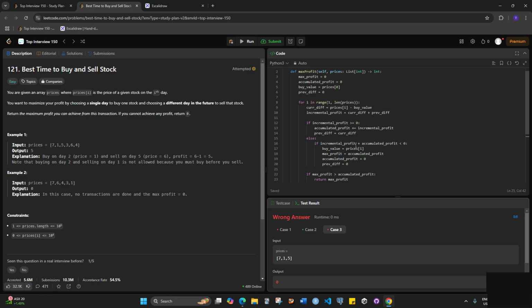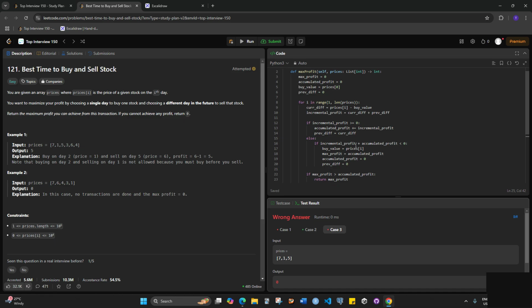Current diff is equal to i minus the buy value, which is -6, and then the incremental profit is going to be -6. If the incremental profit is less than 0, we do if incremental profit -6 plus accumulated profit is less than 0, then we do the buy value is equal to price is 1. We set it at 1. Max profit is equal to accumulated profit, which in this case is going to be 0.